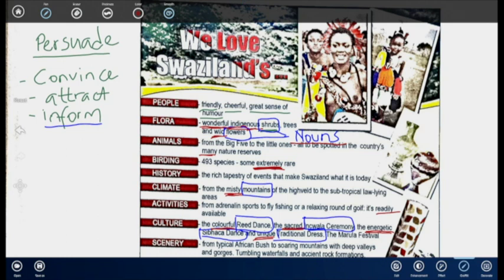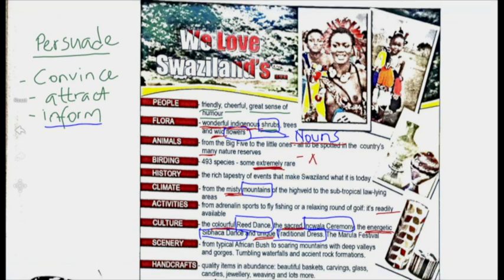We've got wildflowers, we've got wonderful indigenous shrubs, we've got extremely rare, we've got misty mountains, we've got colorful, sacred, energetic, and unique. We call all those words what? We call them adjectives because they tell us more about the nouns that have been used in this.